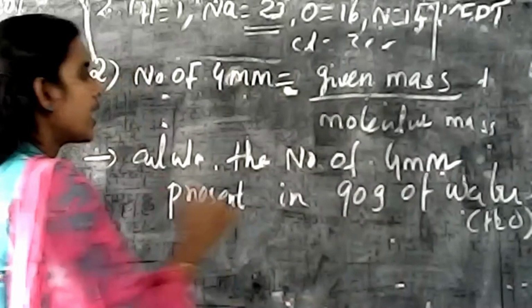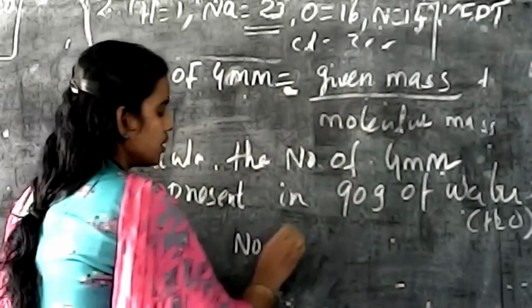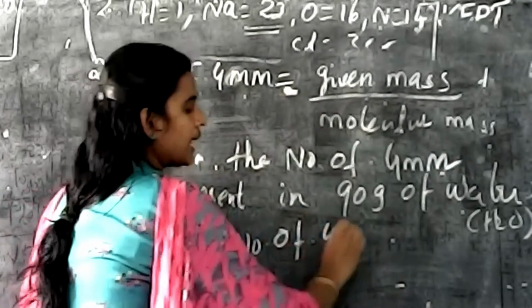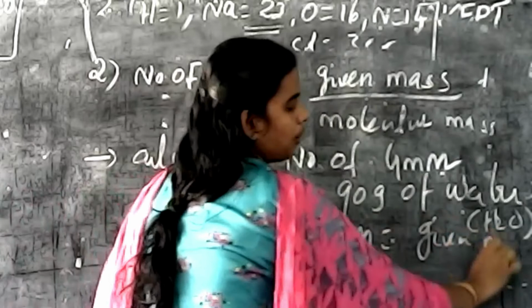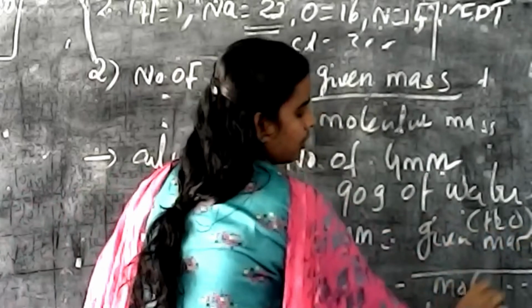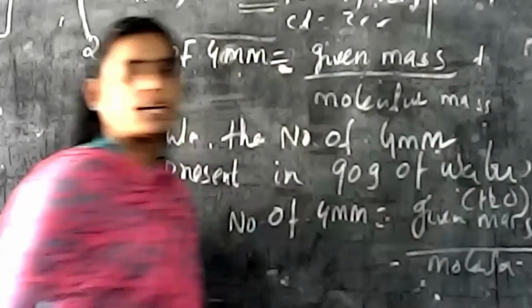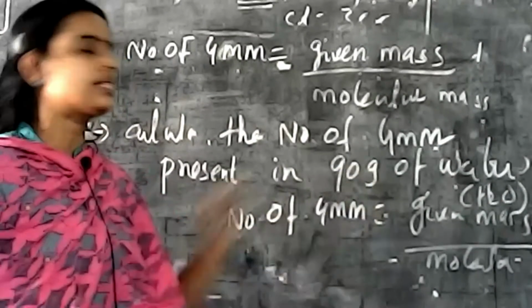Okay. So which formula is suitable for this one? Number of GMM is calculated by given mass by molecular mass. We already know the given mass is 90 gram.